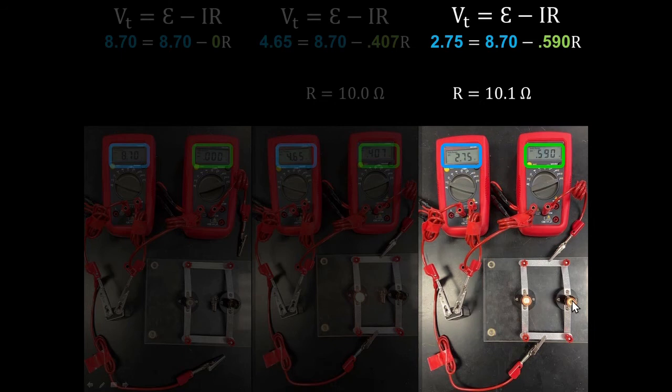Now I have both of those light bulbs lit up, and they're not quite as bright because current could come this way, current could come that way, and I had more current than what I did here. The same EMF of the battery, but this time, because so much current was running through that battery, the internal resistance dropped a lot here, and I'm only getting 2.75 volts of terminal voltage. And that would say that the battery had, when I solve for this variable here, 10.1 ohms of resistance.